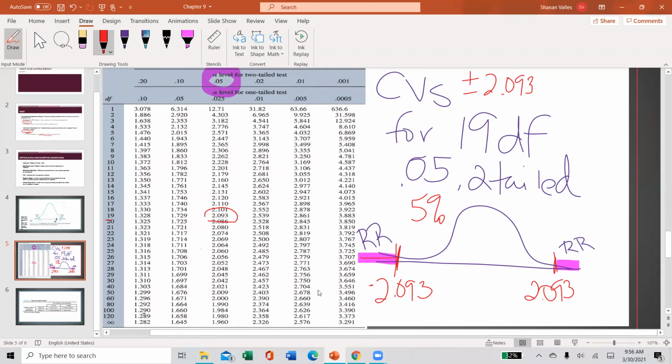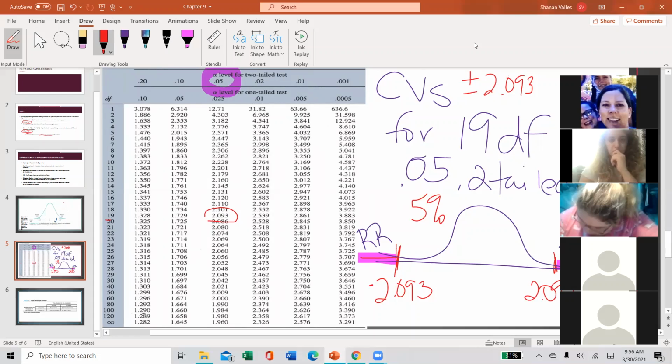Now, when we make a decision, and that's what we're going to have to do at the end of our statistics tests, we're always going to come down to, we're going to have our t-value, and we're going to have to make a decision. And so if you ever get accused of never making a decision, you can say, yes, I do.